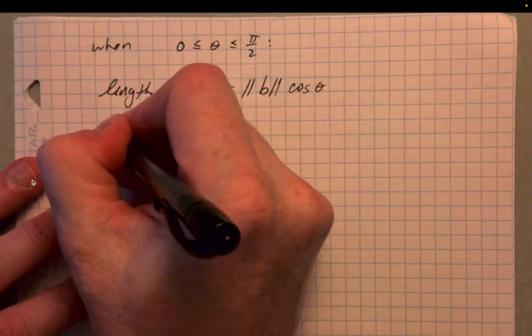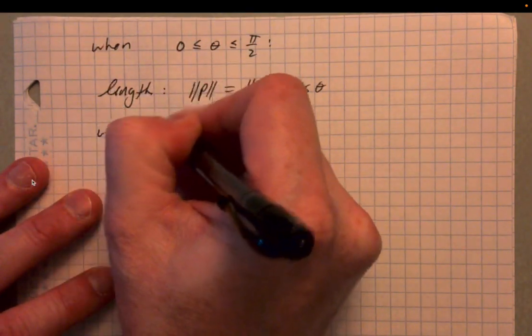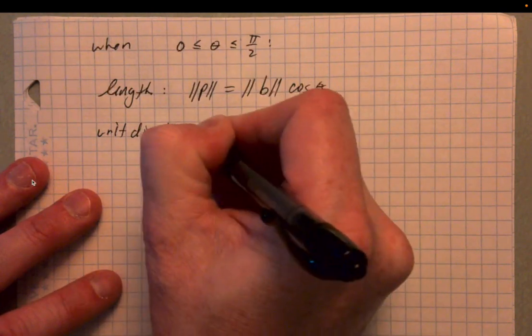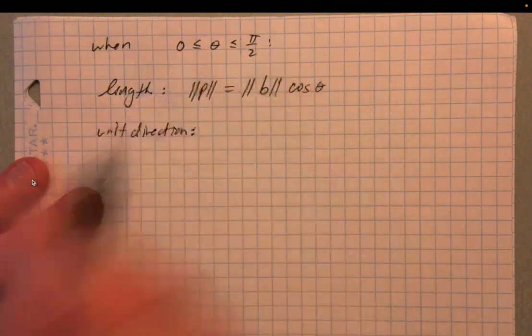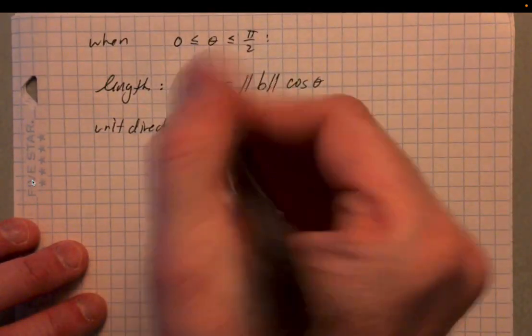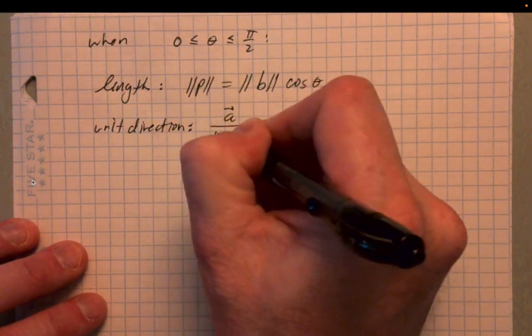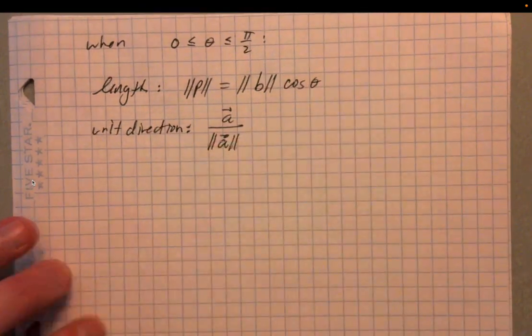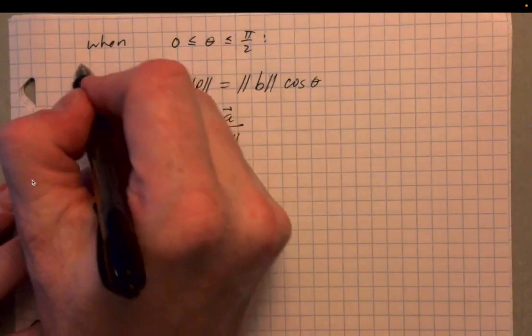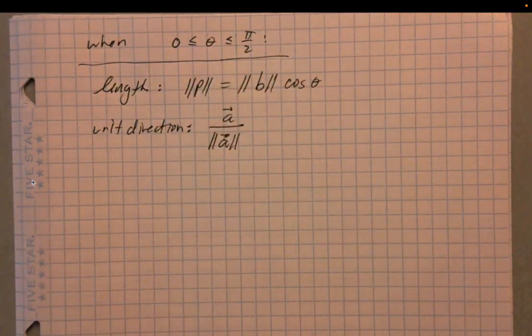And the unit direction, meaning just a vector that's a unit vector that tells us the direction, is given by take the vector A and make it into a unit vector, i.e. divide by its norm. This is for when theta is an acute angle.